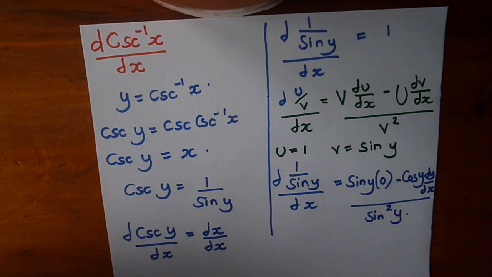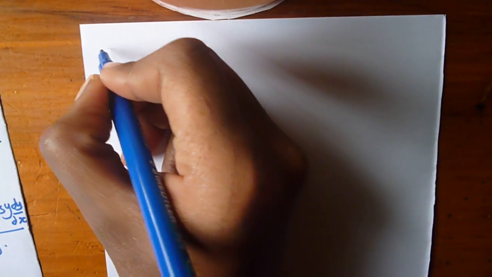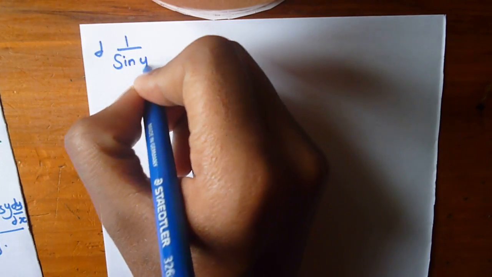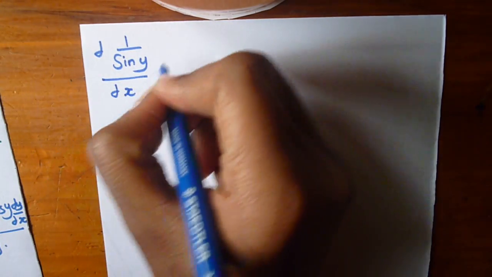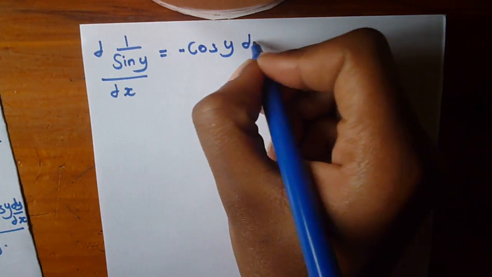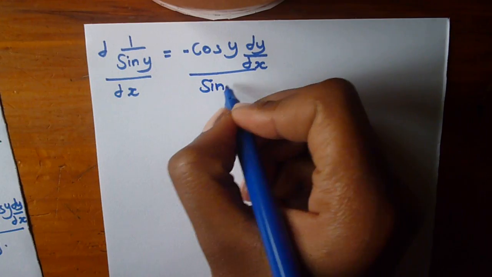From here, we obtain that the derivative of 1 over sine y with respect to x equals negative cos y dy over dx all over sine squared y.